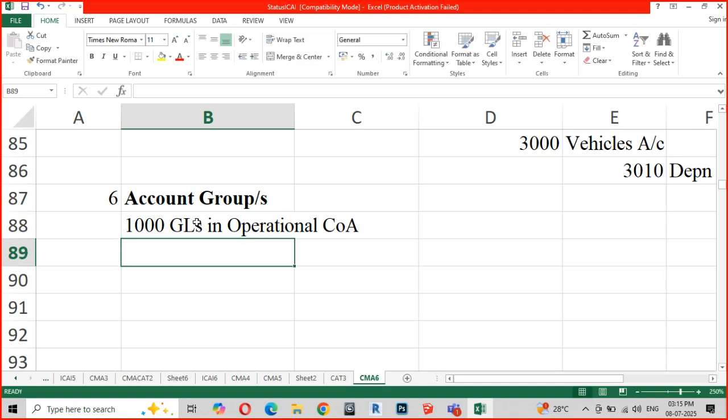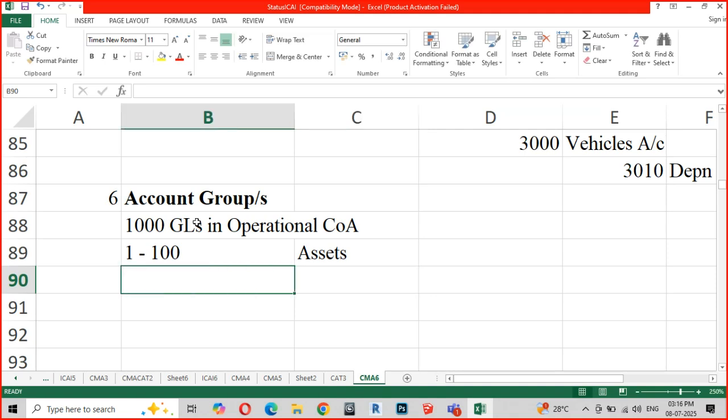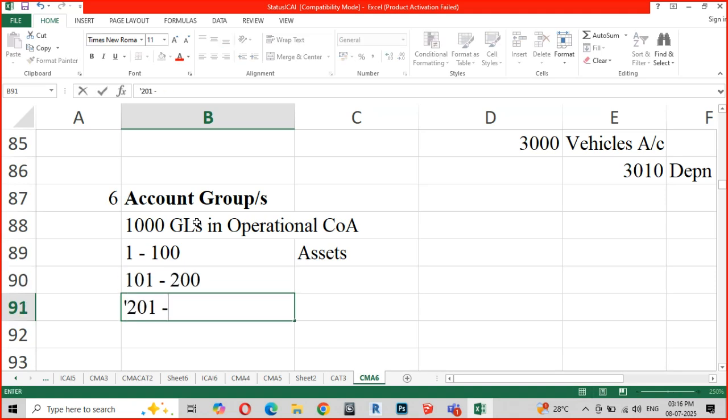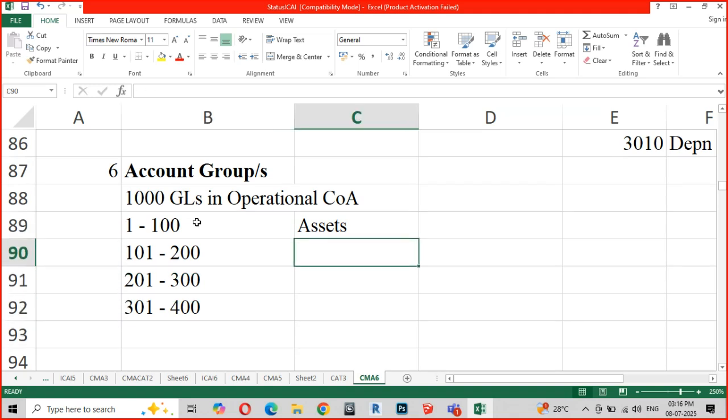Now, how do I bifurcate? I can say between GL account number 1 to 100, asset related. Like this, I can break open.